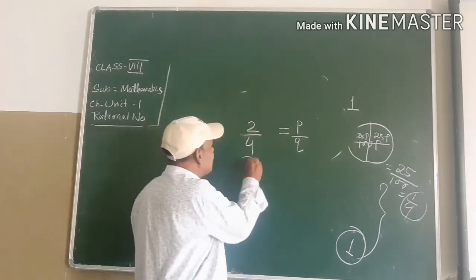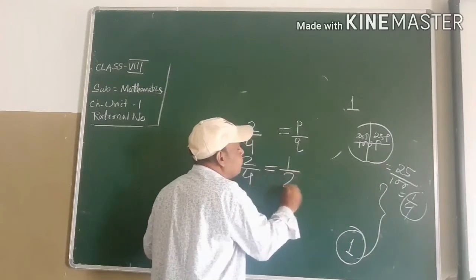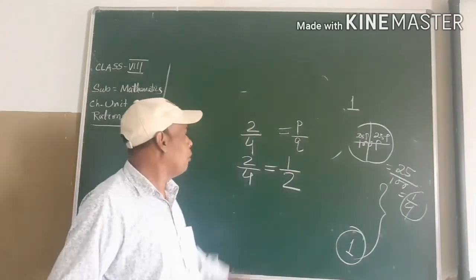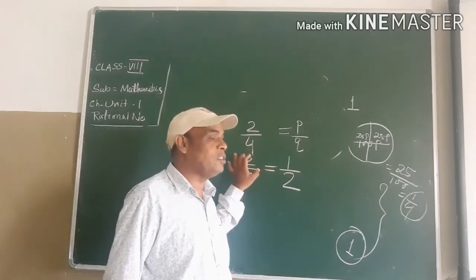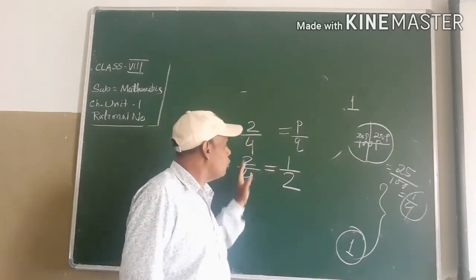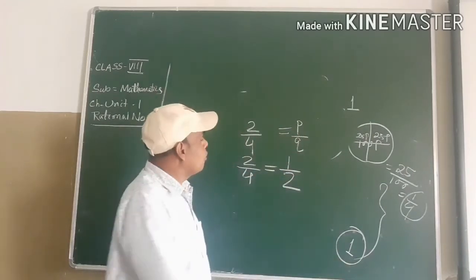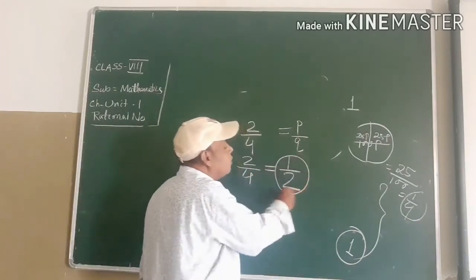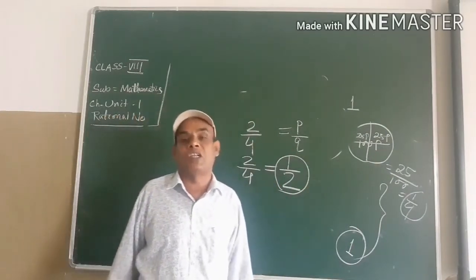So you have to express 2/4 in the simplest form. You have to remember this rational number, which is expressed here as P/Q, you have to convert it into the simplest form. If you convert it into the simplest form, that is called the standard form of the rational number.